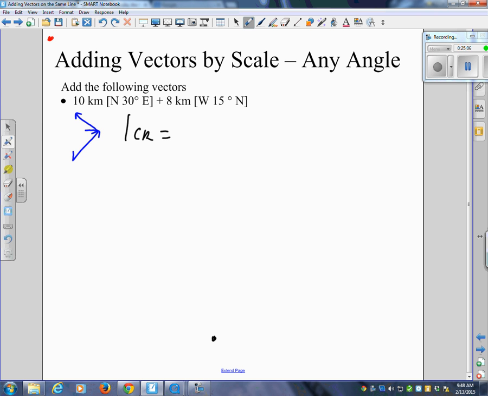I would even take 1. Make it something reasonable. If you make it too tiny, then you get a lot of error. Yes, it is a weird word. 10 north, 30 east.